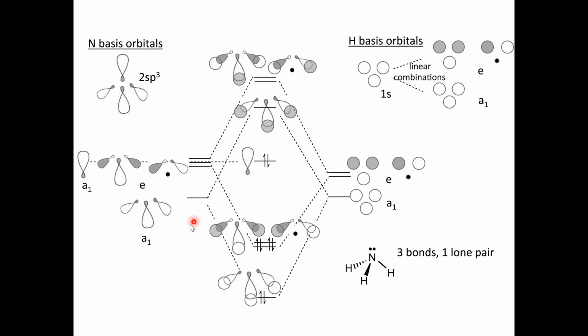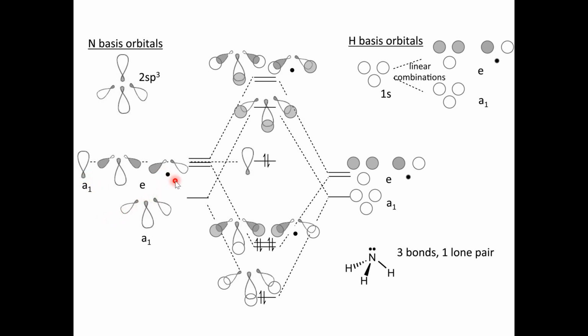You can see that if I consider these 3 sp3 orbitals with equal amplitude on the 3 of them, this transforms as A1, and also the lone pair orbital transforms like A1.